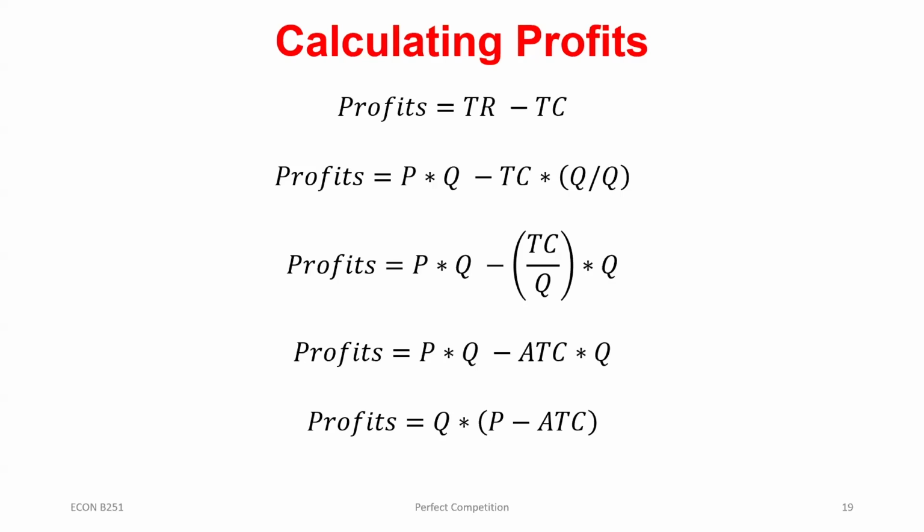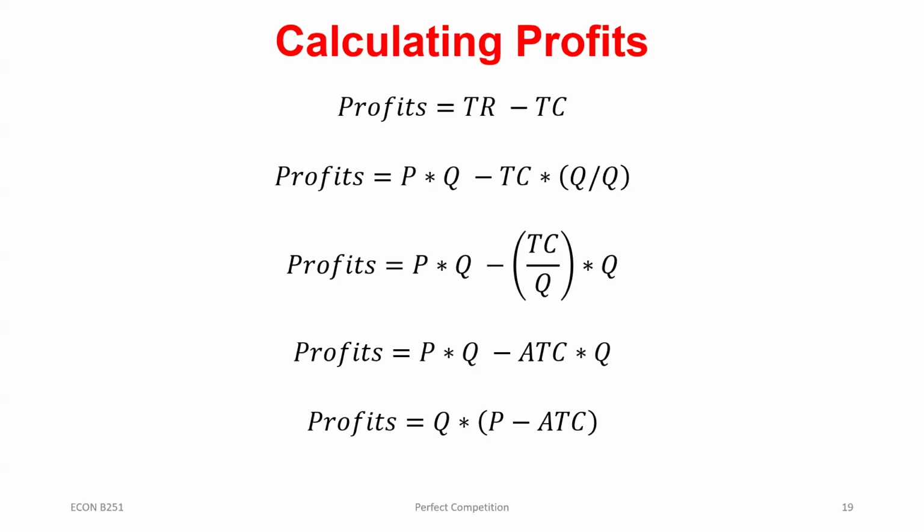How much money I'm making off every unit I sell. In module 9, I said I can think of my average total cost as my per unit costs. Well, if I take the difference between my per unit costs and my per unit revenues, you can think of this as representing my per unit profits. So if I take on average the amount I'm making in profits per unit times the number of units I'm selling, that would give me my profits.